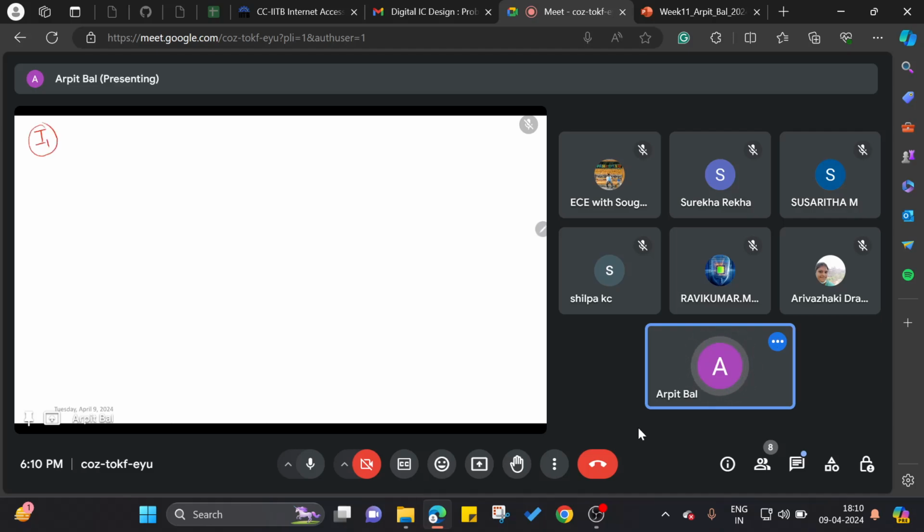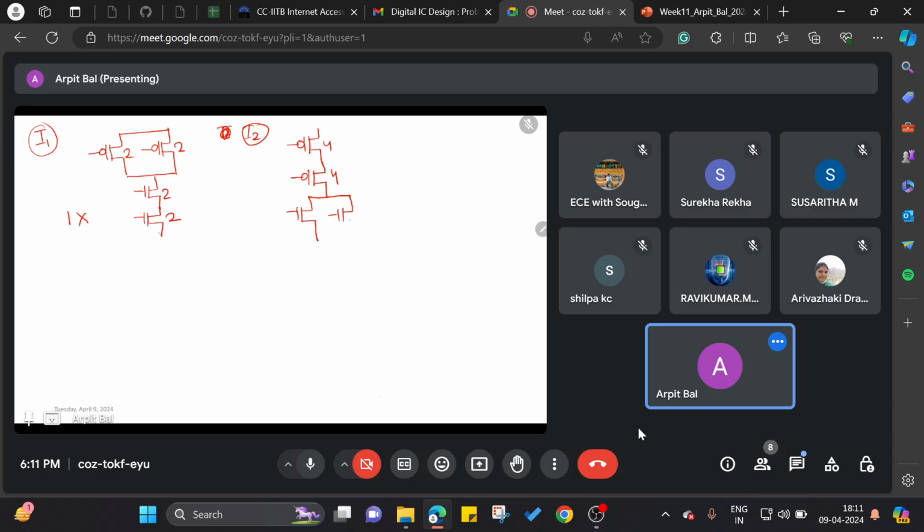I1 is the gate 1, and it was 1x. Sorry, this is I2, the gate marked as I2, and it was 1x.